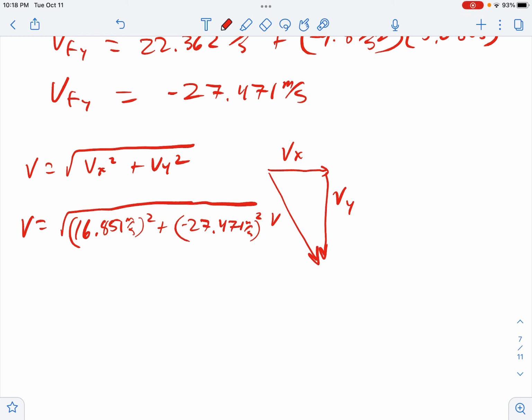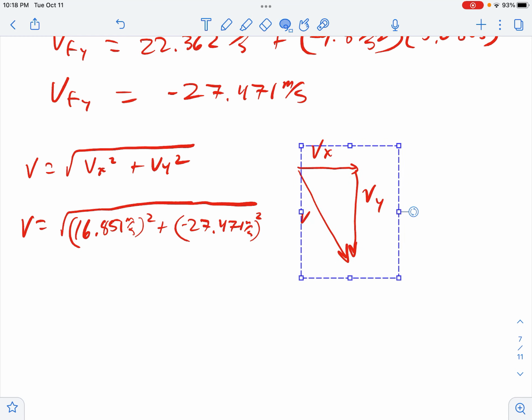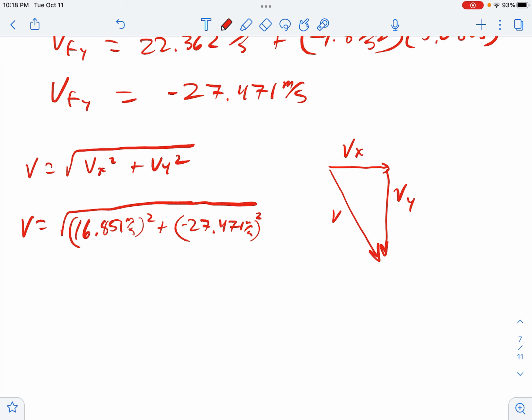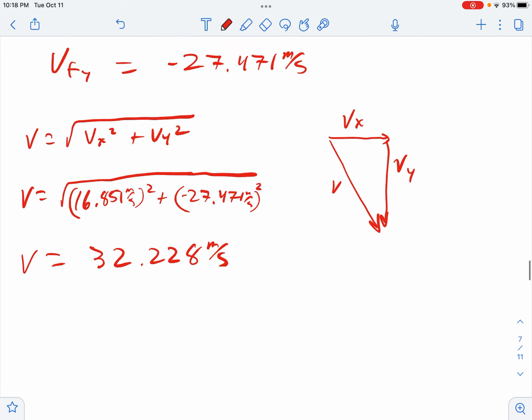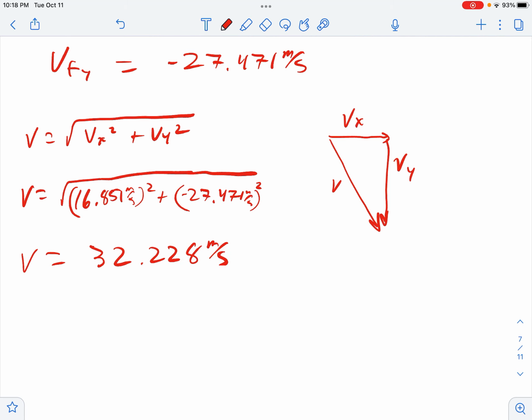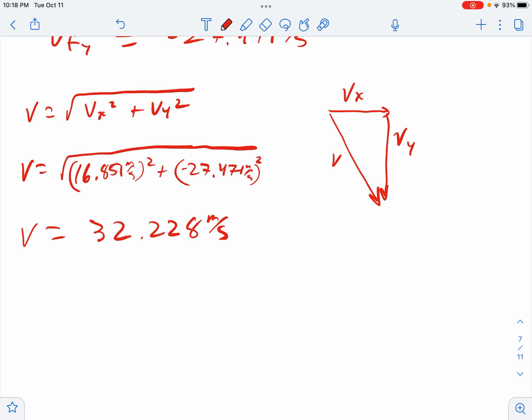Let's move that over so it's not too cluttered. If I throw that in my calculator, I'm going to get 32.228 meters per second. Again, this is a diagonal speed, so there's no positive or negative. We only get positives and negatives along our coordinate axes, our xy axes.